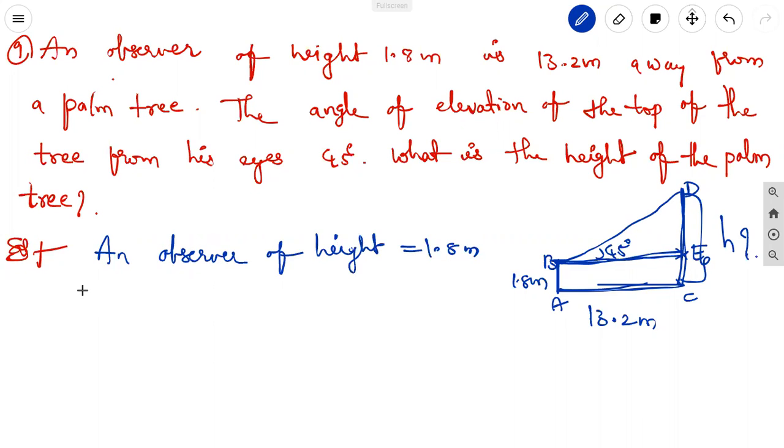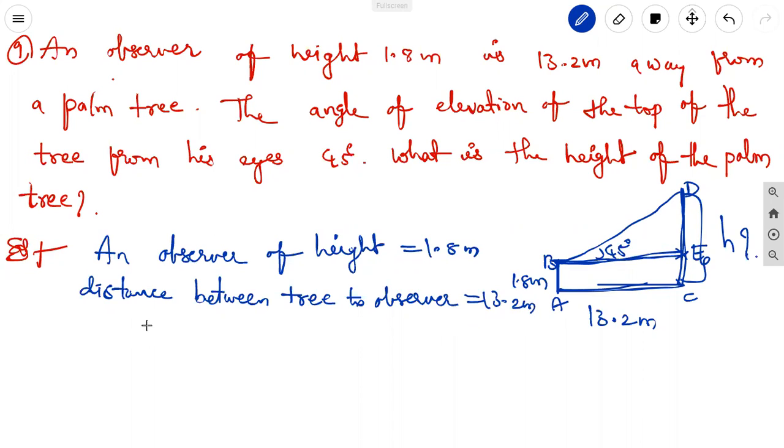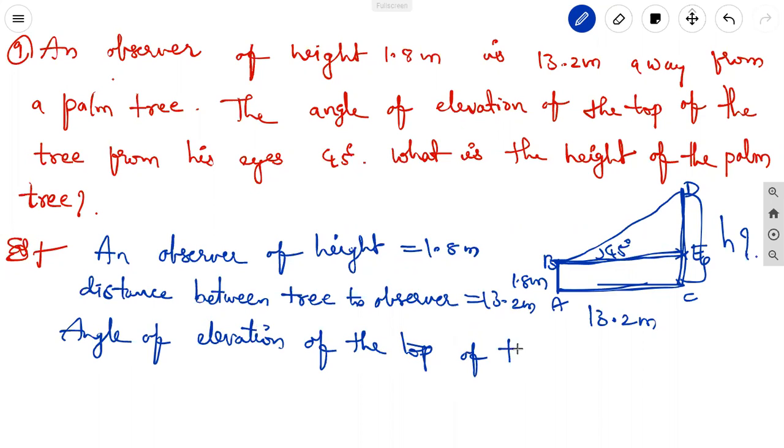Next, the distance between the tree and the observer is equal to 13.2 meters, and the angle of elevation of the top of the tree from his eyes is equal to 45 degrees.